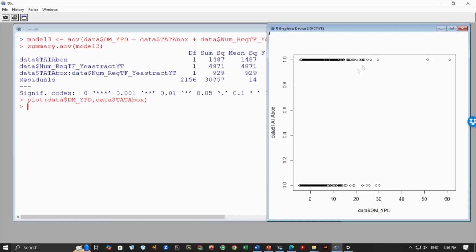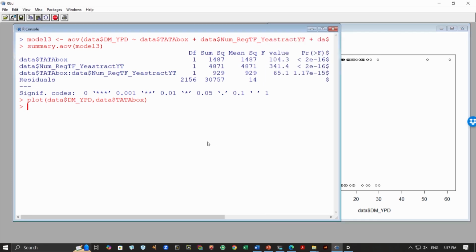Now the plot will be different because, as I said, DataBox has only 0 or 1 value, whereas the DM YPD value can change. This is not the best way to represent this data. We will see how to represent data with these kinds of classification factors. The best way would be a box plot, which we will discuss in one of the later classes, when we talk about slightly more advanced visualization techniques.